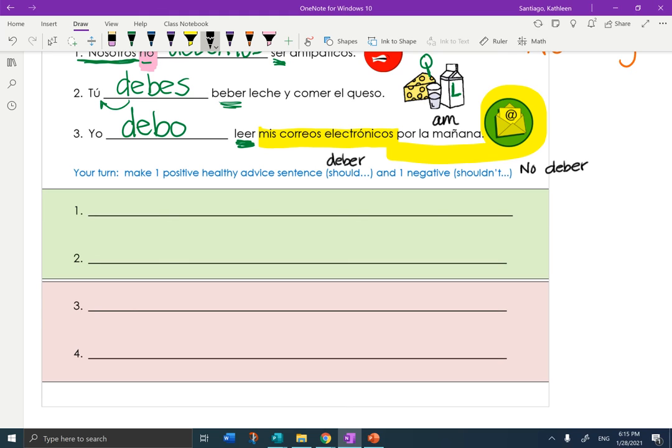I would do it in the tú form, right? So you're going to make deber on the positive ones, you're going to make deber to debes. In the negative ones, you're going to put the tú out here. Tú no, and then you have to conjugate these to match tú.